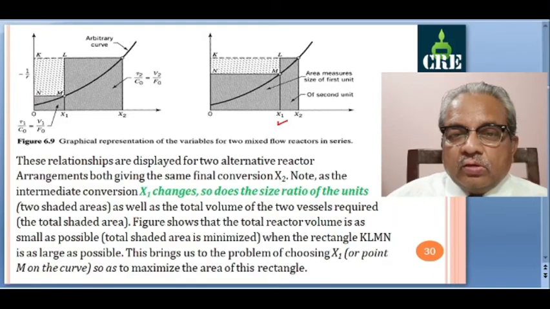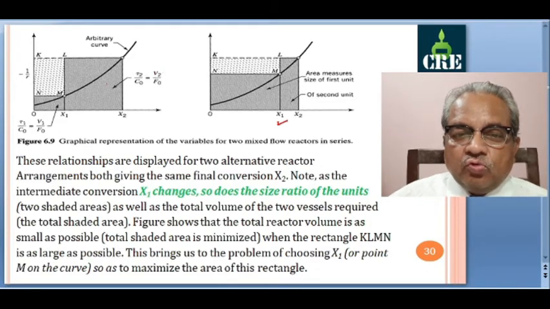Now this tau or volume, tau by C0 or V by F0. So tau 2 for the second reactor, V2 for the second reactor divided by C0 or F0, same as tau 1 and V1 for the first reactor. So the area under the curve of this small rectangle, smaller reactor placed first, gives me V by Fa0 or V1.